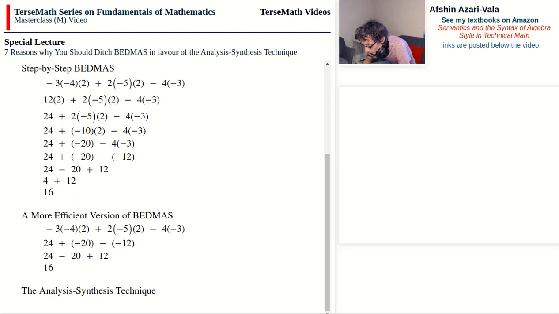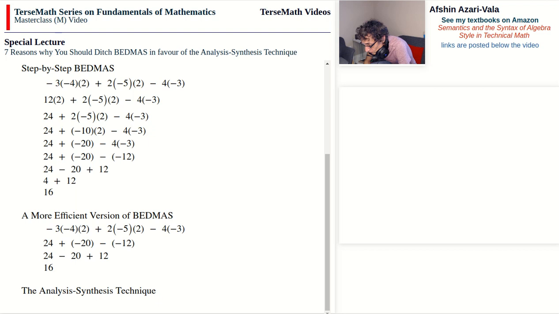You start with the small components, put them together to make bigger components, and then you put those bigger components together to make even bigger components until you arrive at the main object that you're trying to make. What you will notice is that BEDMAS corresponds to the second stage, the synthesis stage. And that's why the operations appear to be backwards from the most difficult to the easiest, at least until we get to the AS part.